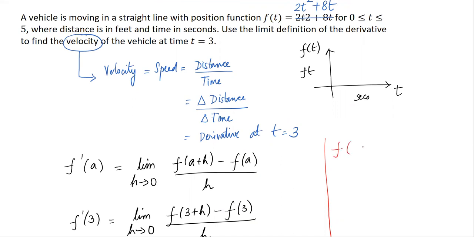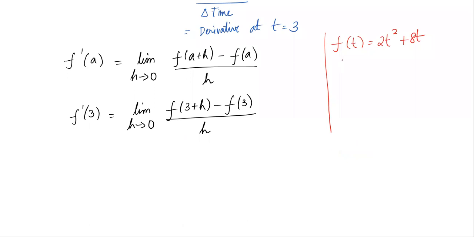So f of t is 2t squared plus 8t, for convenience we write it down here. So f of 3 plus h: in the place of t, I have 3 plus h. Please remember that wherever you see t, you're going to plug in 3 plus h. This requires a little bit of calculation, so let's go ahead and do that.